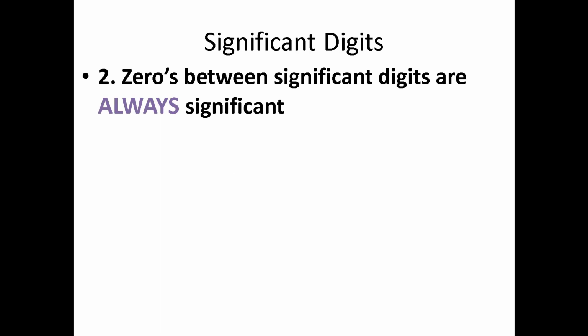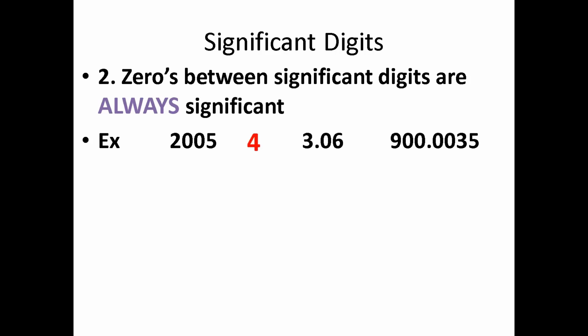The second rule, well actually all of the rules hereafter refer to the zeros. The second rule here is that if the zeros are in between other significant digits, they always count. So if they're sandwiched or trapped in between, they count. So for example, in the number 2005, those 2 zeros are trapped in between.